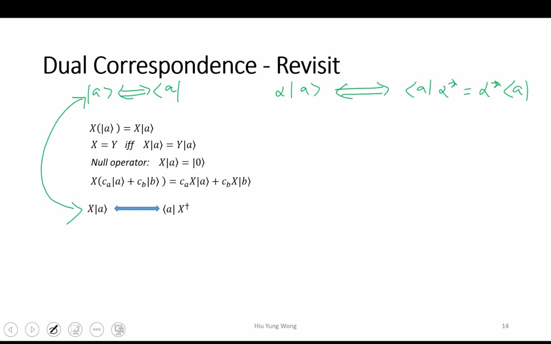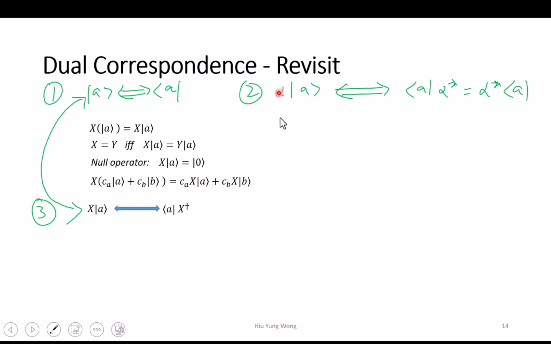And then another thing, this is the 1, and this is 2. I actually did not copy well, but I forgot to delete this part. But that is what I want to say, the dual correspondence. The vector on the left is myself, and the bra is like my image.